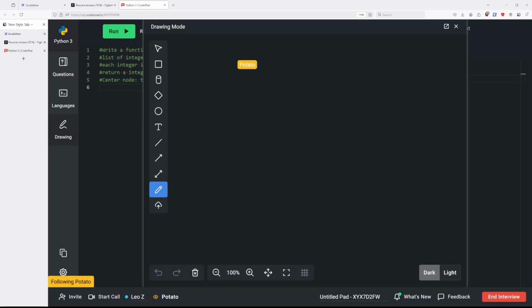Let's say this is node A, B, C, and D. In this case, can we assume that the graph will be an undirected graph or a directed graph?